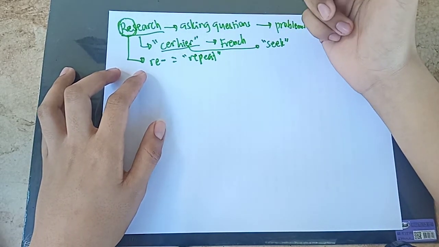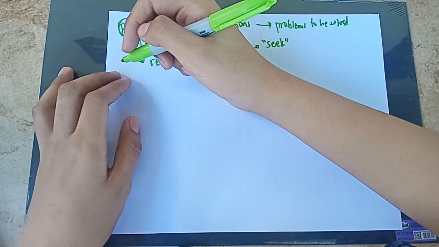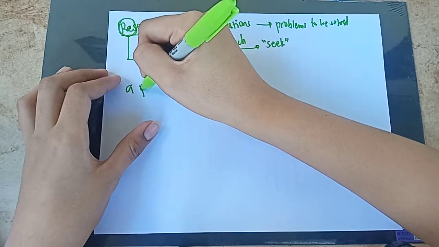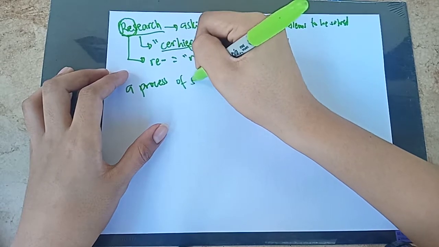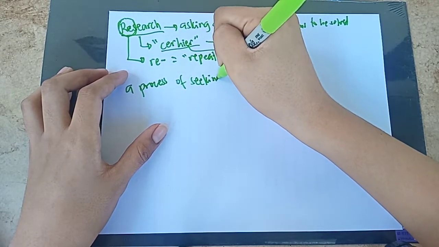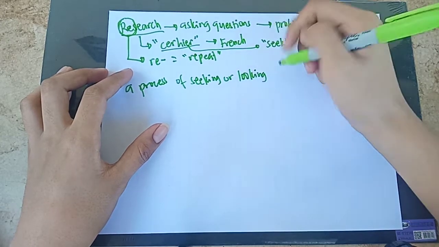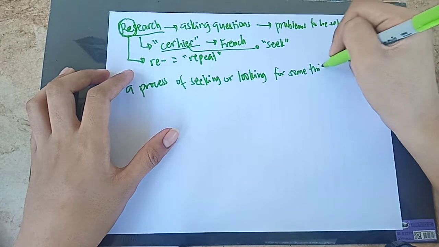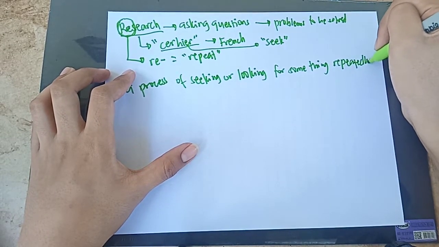Meaning to say, research is defined as a process of seeking or looking for something repeatedly, in a repetitive manner.